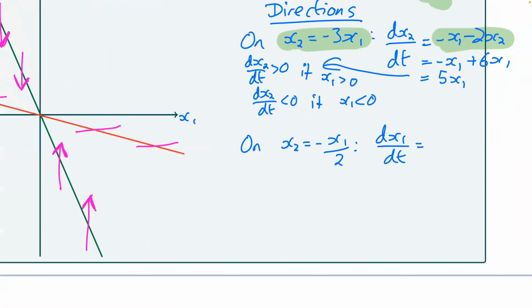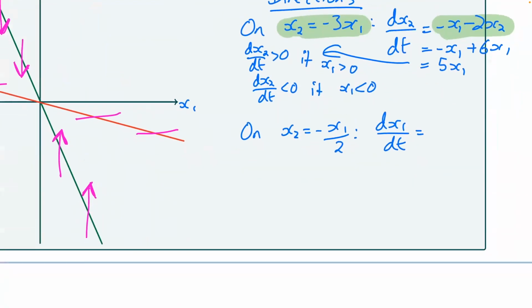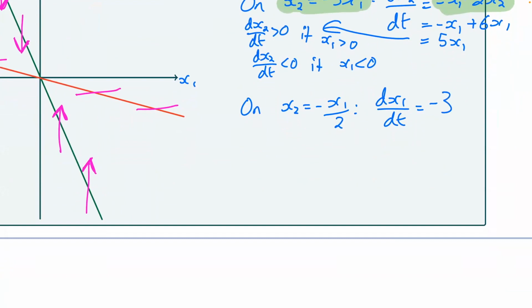Okay, we can do the same for the second nullcline. So here we're going to have minus 3x1 minus x2. Substitute in our nullcline into my equation for dx1/dt. In this case, I'm going to eliminate x2 again. So we get minus 3x1 plus x2 over 2, which is minus 2.5x1.